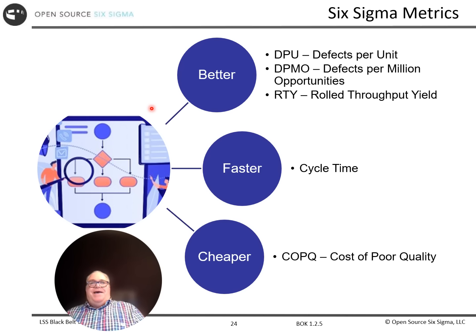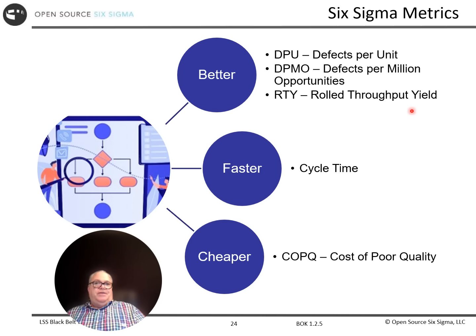On the better side, we talk about defects. How are we failing to meet customer expectations? Some measures we have there are, let's count up the defects. So we can talk about defects per unit or defects per opportunity to make defects, something normalized with the complexity of the product or process.